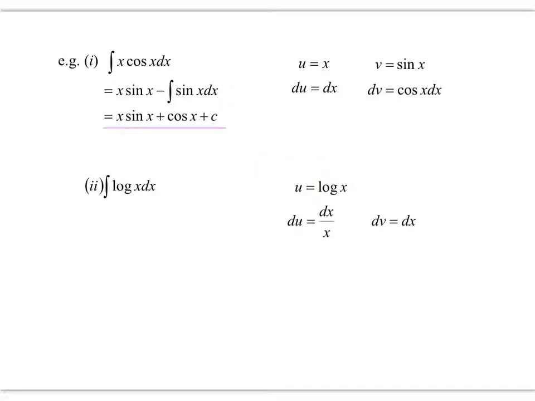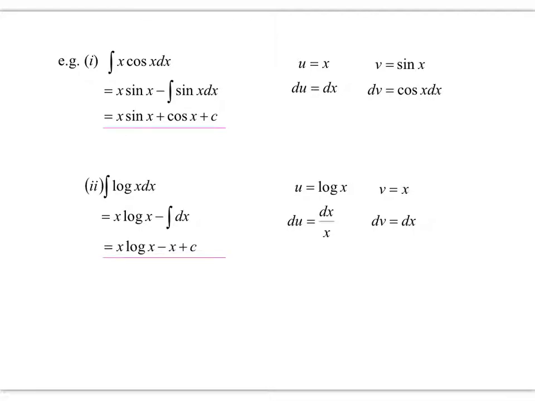And then choosing dv to be 1 dx, integrating 1, what do you get? You get x. So v is equal to x. So now we're going to do uv, take away the integral of v du, substitute your four expressions, and we end up getting x log x, take away the integral of 1 dx.